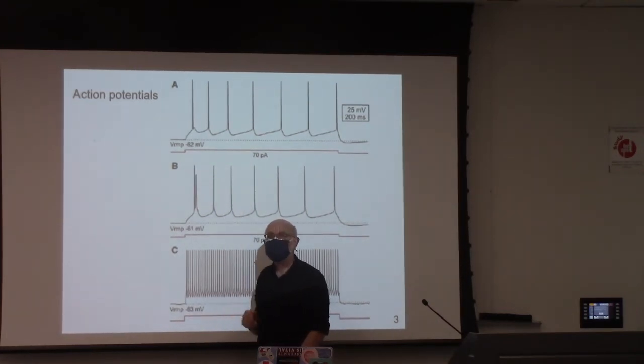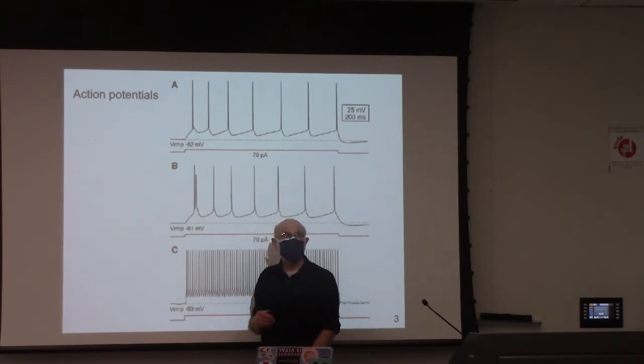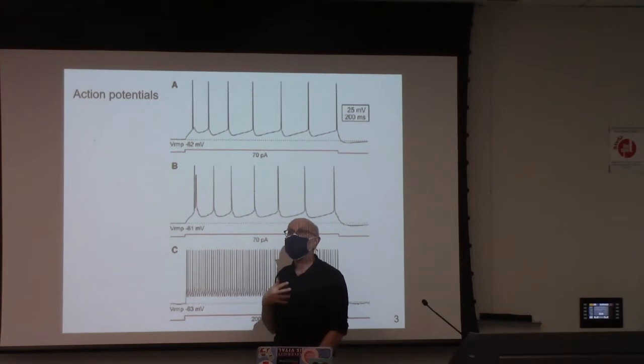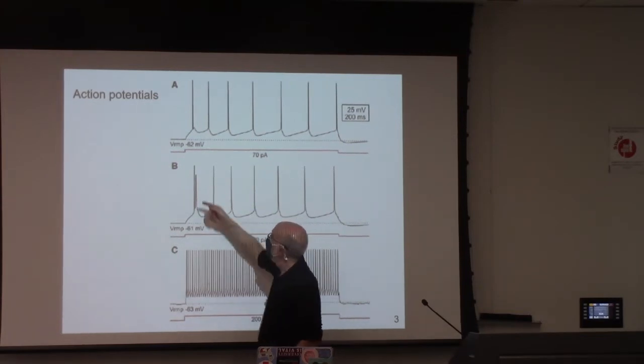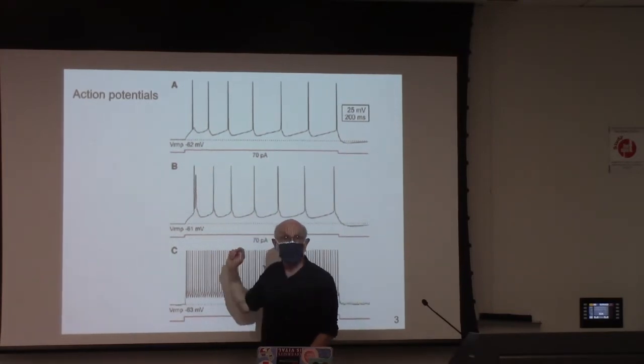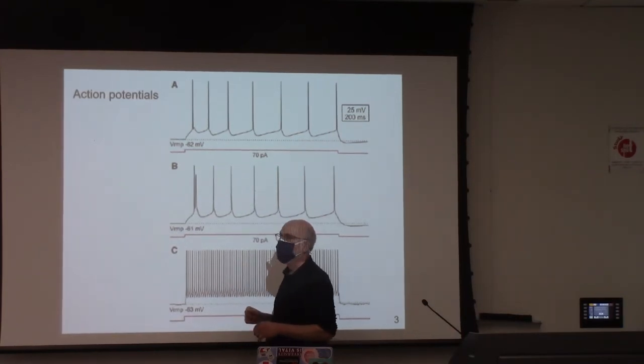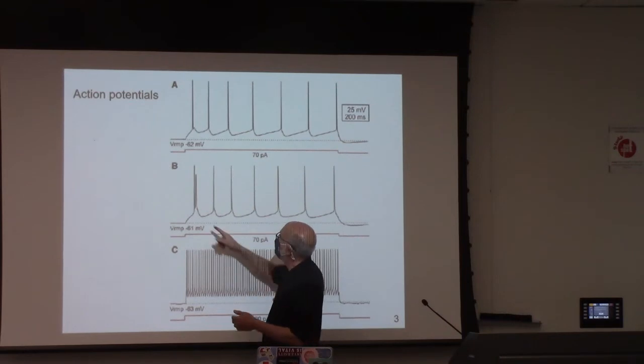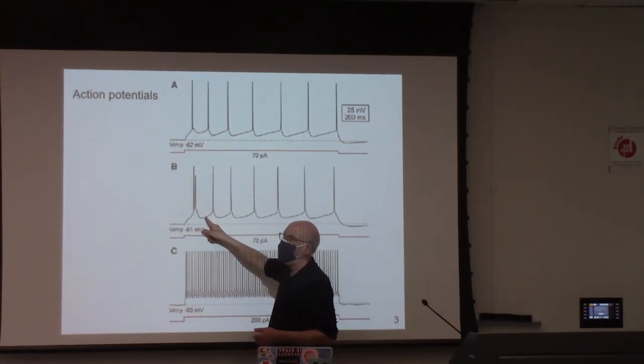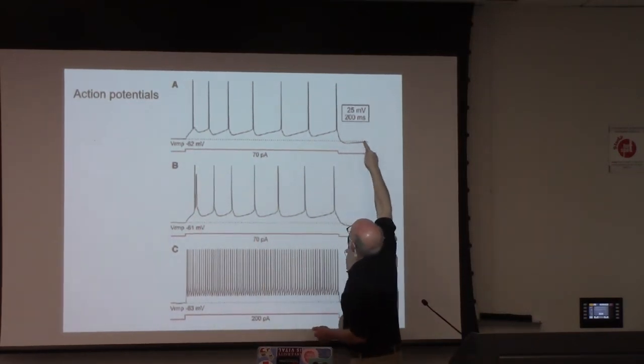Then the voltage-gated sodium channels inactivate and the voltage-gated potassium channels activate and accelerate the repolarization. And depending on the kinetics and the numbers of channels, we might get afterhyperpolarization or not.